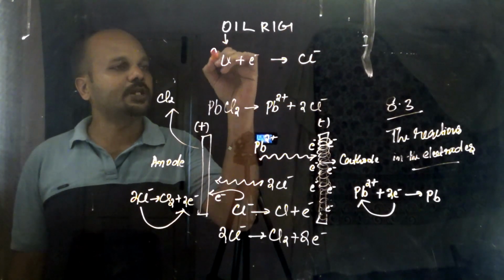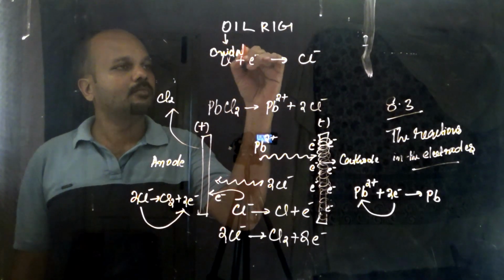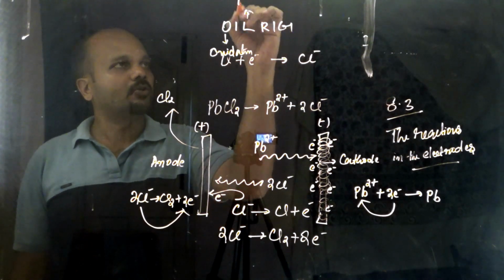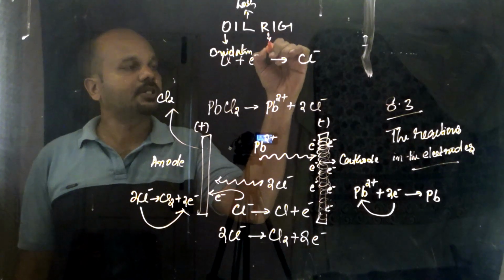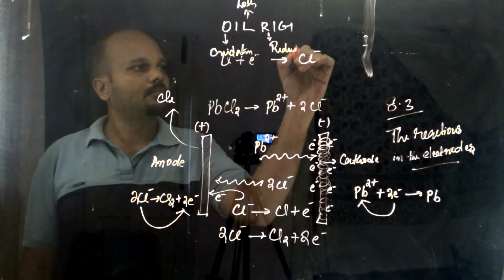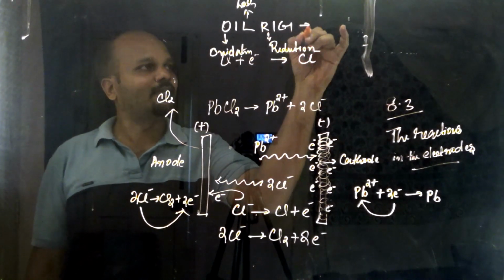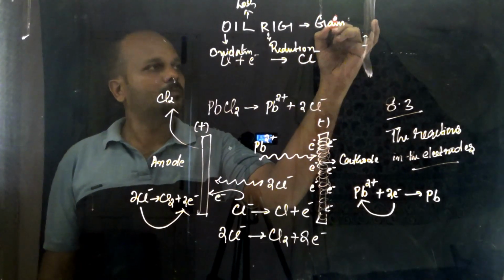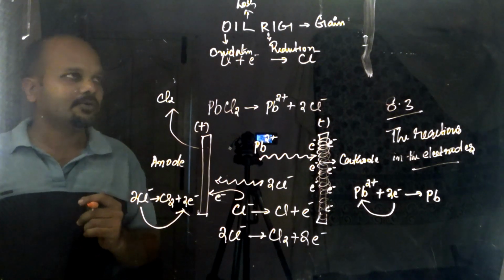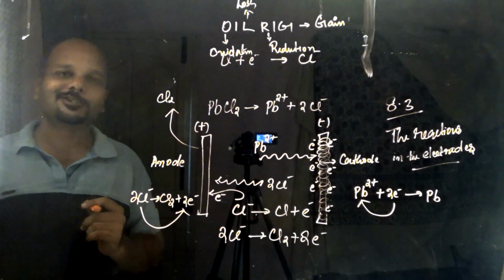Oxidation is loss of electrons. Reduction is gain of electrons.